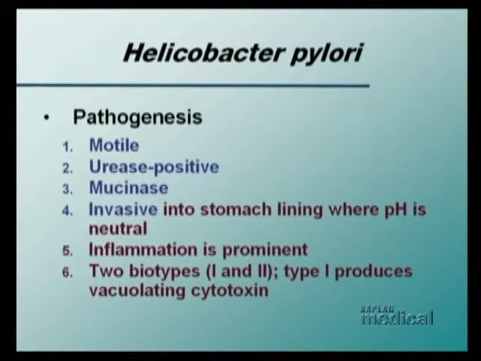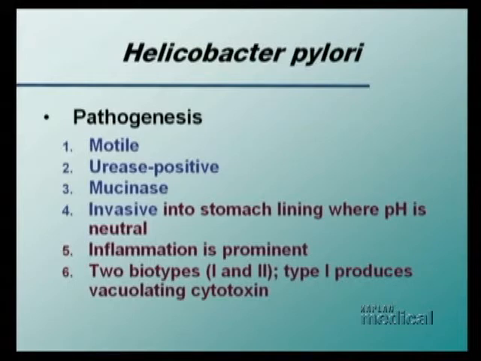Because of the acidity of the stomach, most organisms are prevented from growing and replicating inside the stomach. Now, organisms can get into the stomach, survive, and make their way down into the intestines. That's very common, but to actually grow and replicate in the stomach takes a little bit of work.